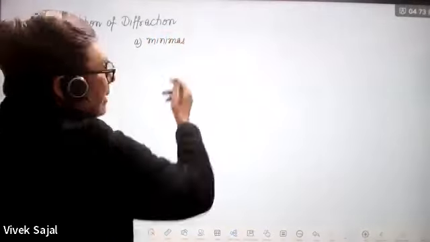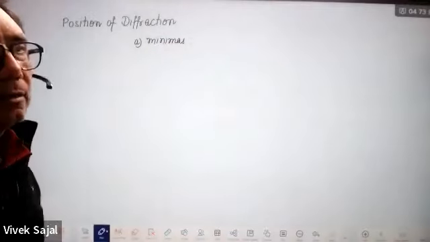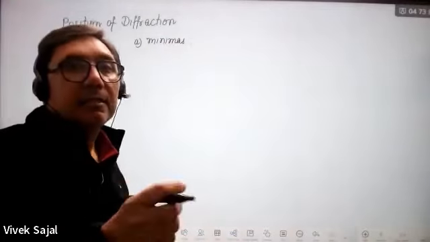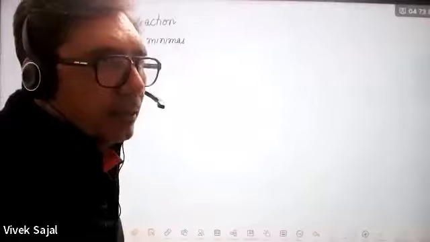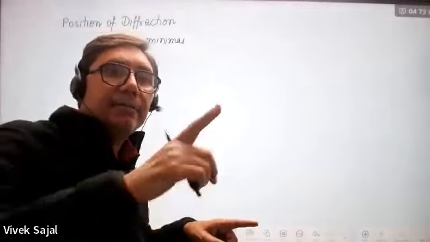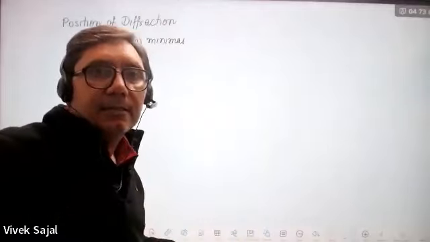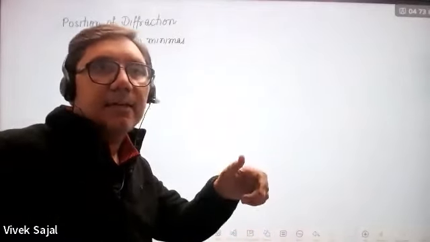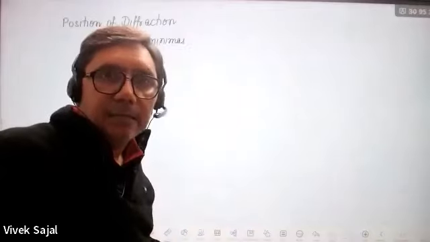What it will be is very similar to the single slit diffraction experiment. Basically the envelope is decided by diffraction at the individual slits. So by single slit diffraction, this envelope is decided.